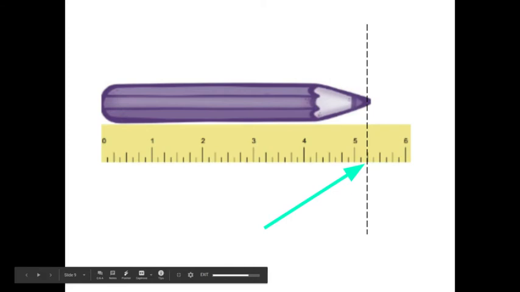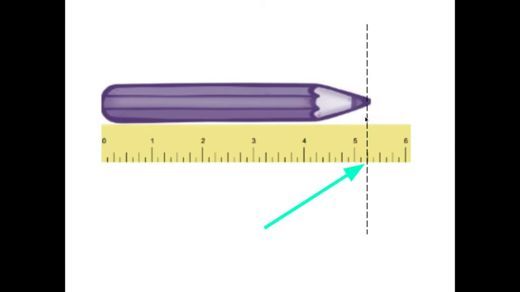I notice that the tip of my pencil comes past the 5, but not yet to the ½ mark. I have to think back to what this line would represent. If it's in between 5 inches and 5½ inches, I know that I can read this length as 5¼ inch.